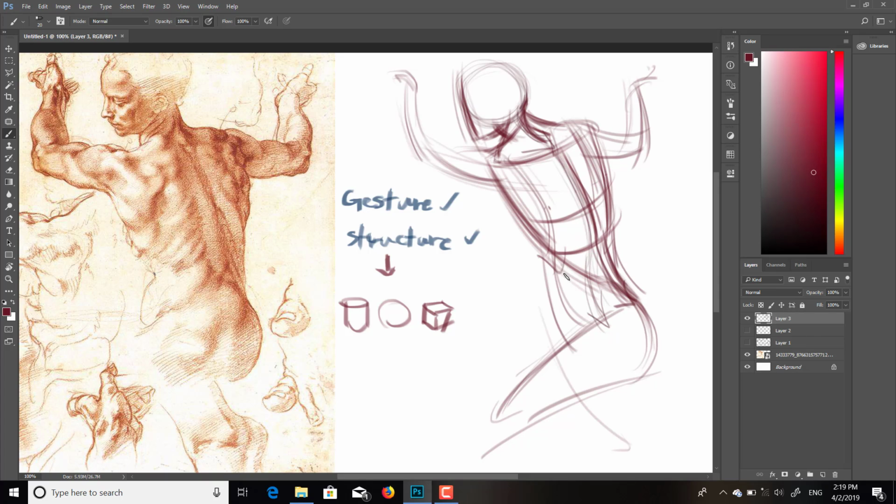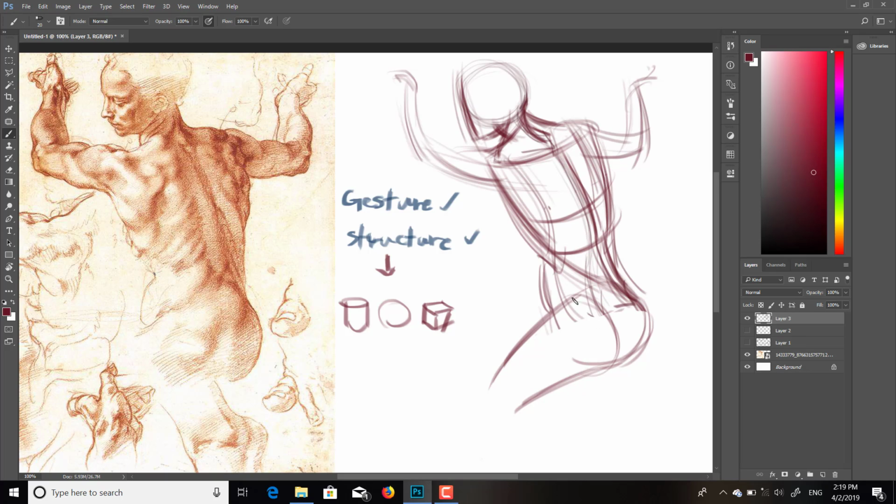And then let's make it a little bit shorter. So here we have another cylinder.